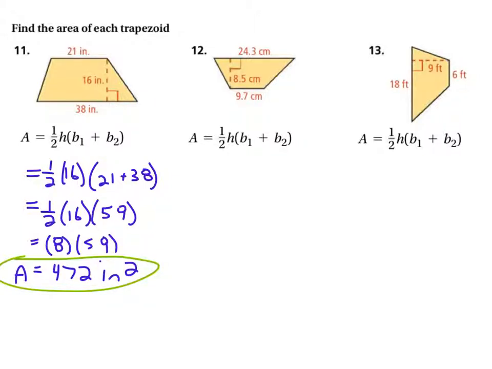We've got here the area is equal to 1/2 times the height, which is now decimals, 8.5, times the sum of the bases, 24.3 plus 9.7.